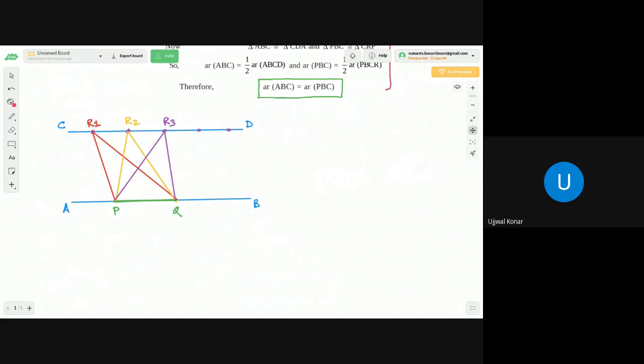Then we get one triangle called R1PQ, another triangle R2PQ, another triangle R3PQ. Now I'm going to draw the other two triangles. Is it clear? Yes, sir. Okay, great. So R4.